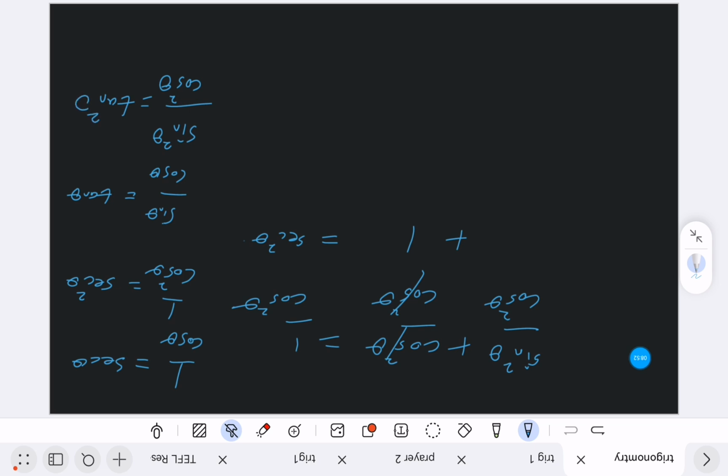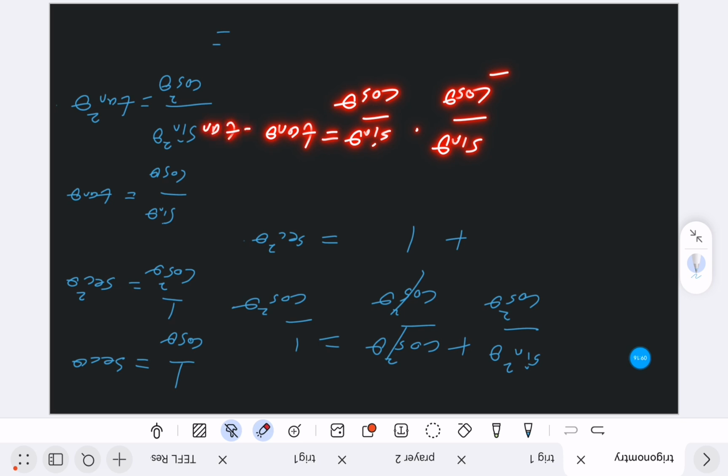This is tan squared theta. Okay, because it's the same as, actually let me show you this. This is the same as saying sin theta out of cos theta times sin theta out of cos theta, which is tan theta times tan theta, which is tan squared theta, which is here.